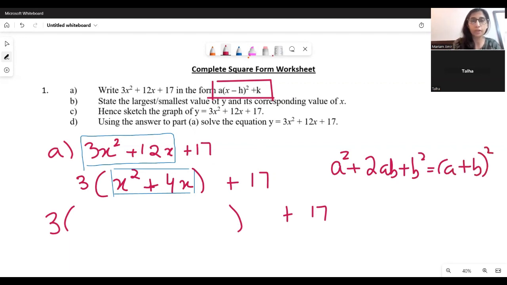So we're going to change this into a square plus 2ab plus b square. Let's see. So we already have x square. So a square is x square. A square plus 2 times a is this. Now what should be b? B should be 2 as well. 2. Exactly. So that this becomes 4x.